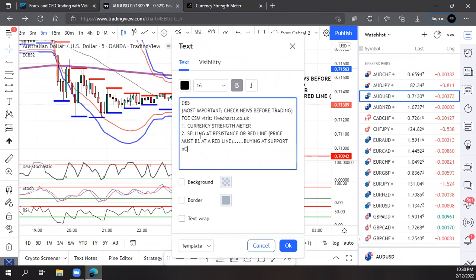Buying at support or blue line. Right. So the same thing is here. I'm going to put the same thing here: price must be at a blue line before you buy.